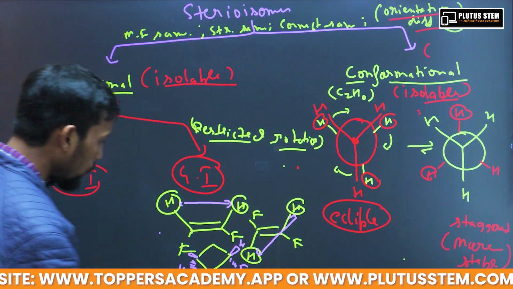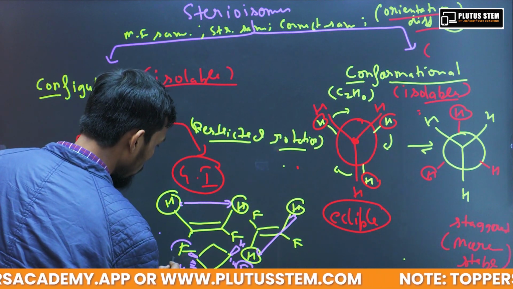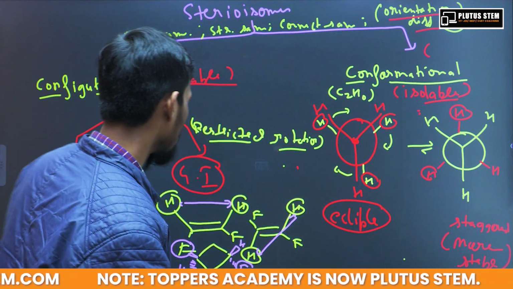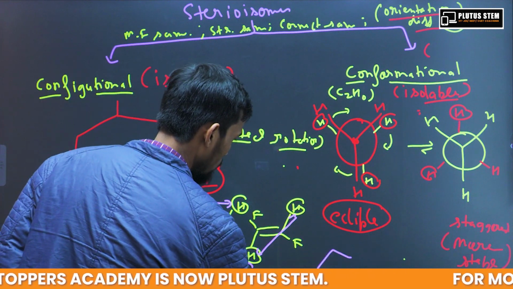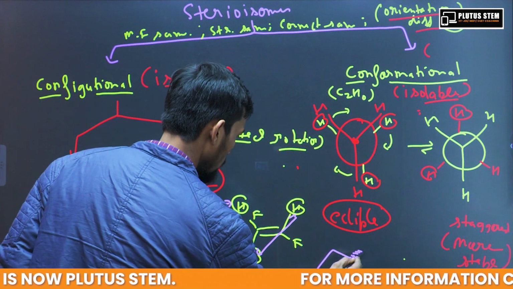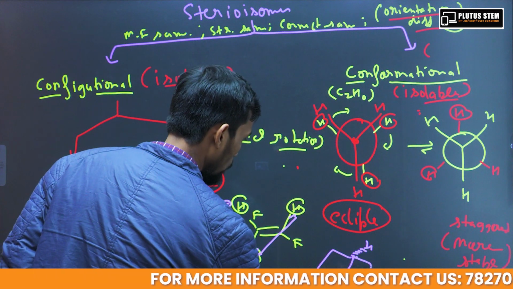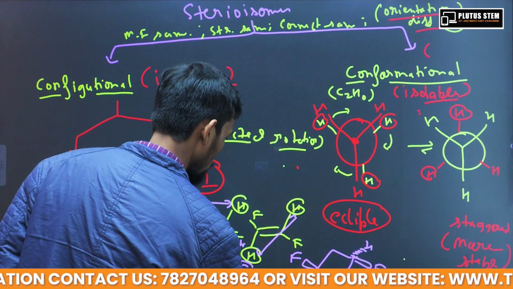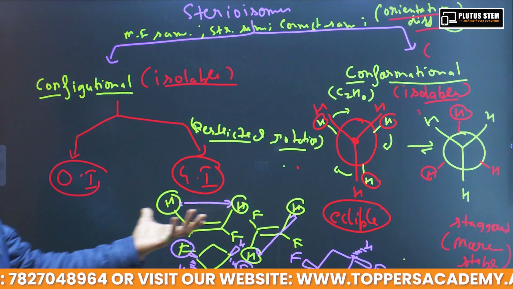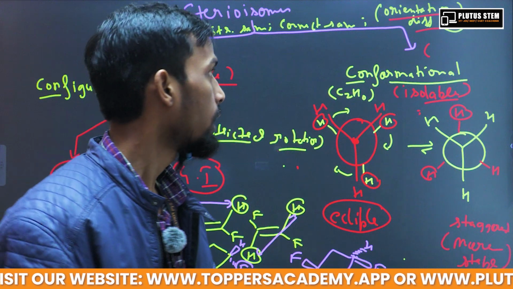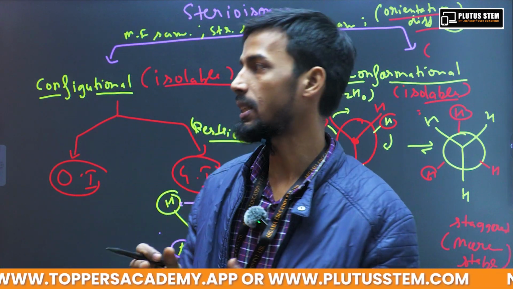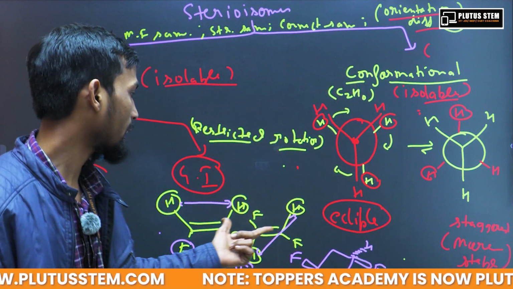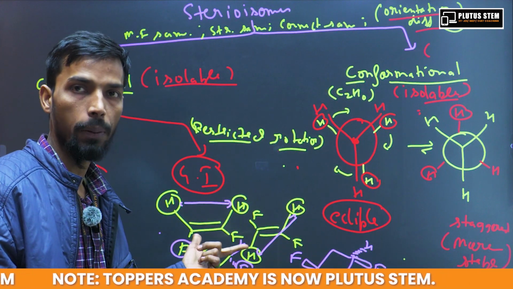And the other possibility will be the opposite of this, where we have fluorine upside both times, like this. So these are two different geometrical isomers that arise due to different orientation at a restricted rotation carbon.